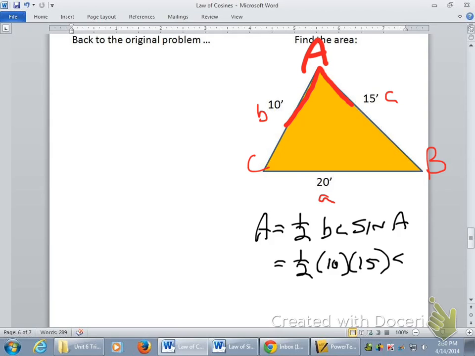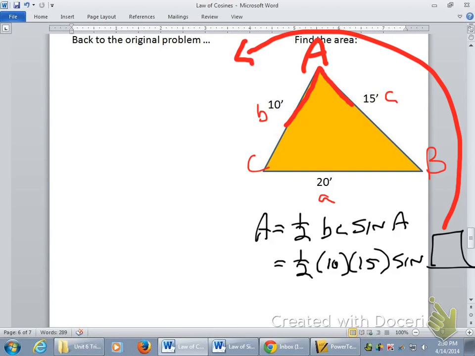I almost have everything, but I'm missing the letter A. So what I need to do is find it by using the law of cosines.